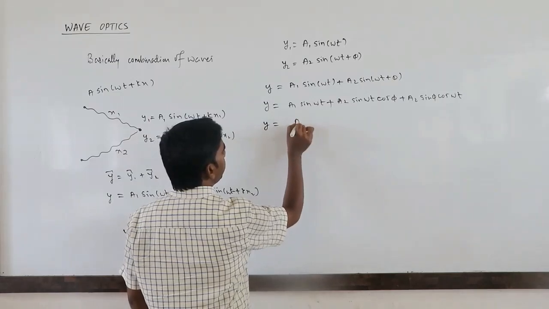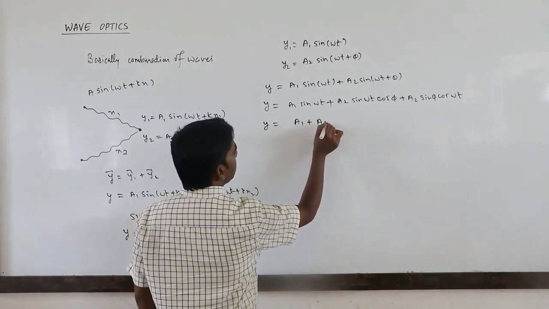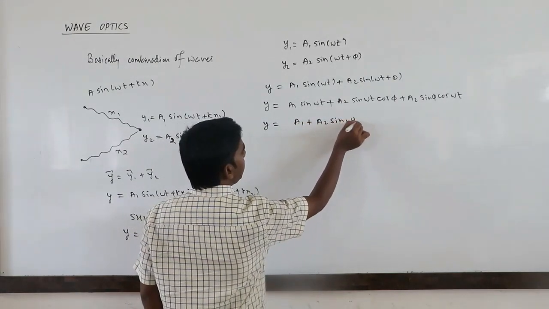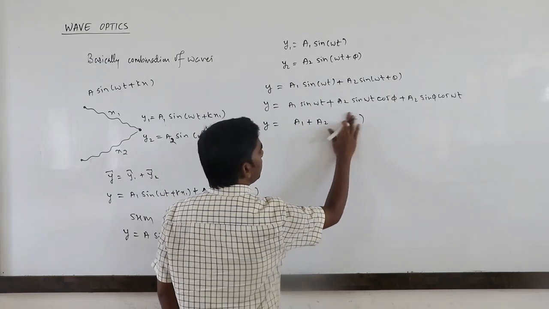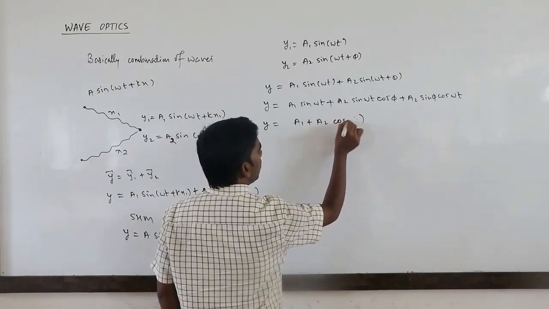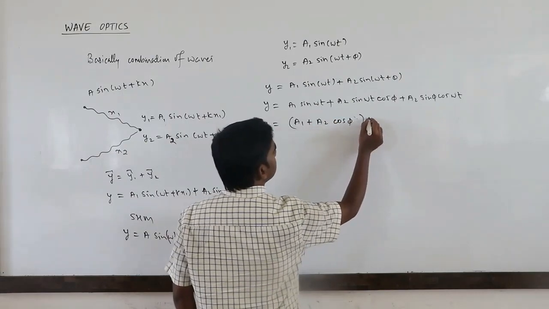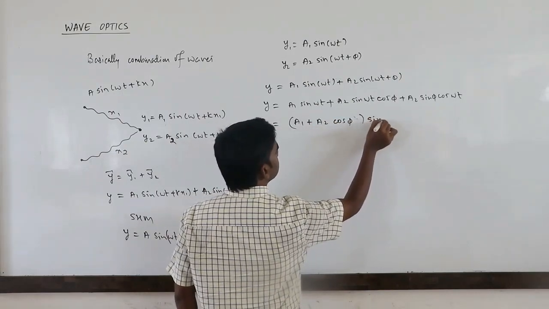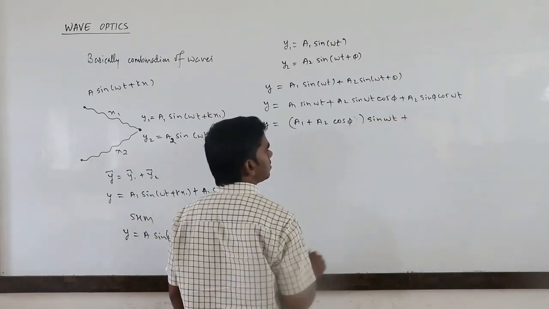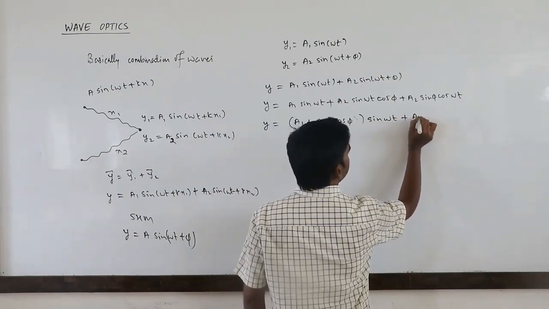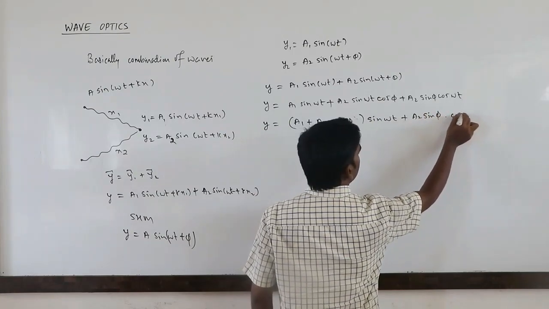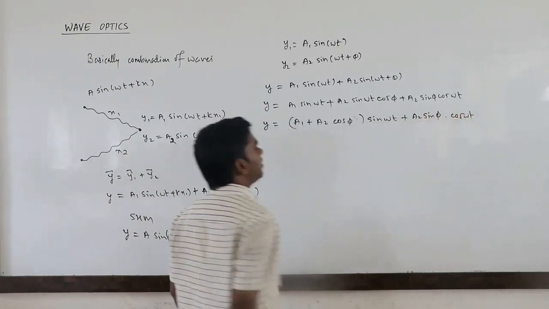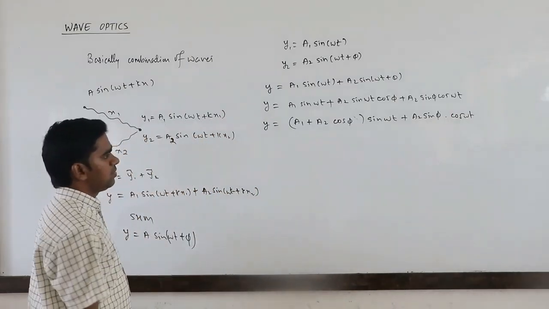This becomes (a1 plus a2 cos pi) sin omega t, plus a2 sin pi times cos omega t. This is the equation we got.